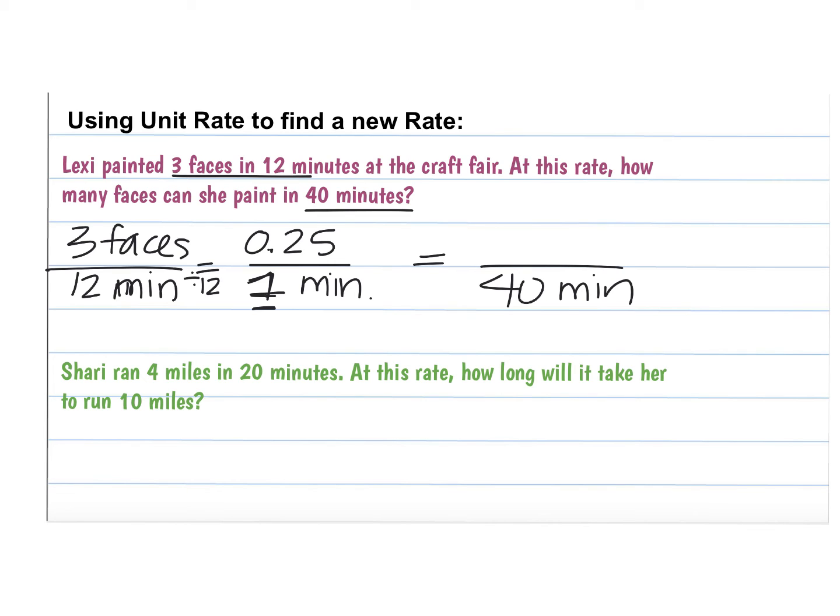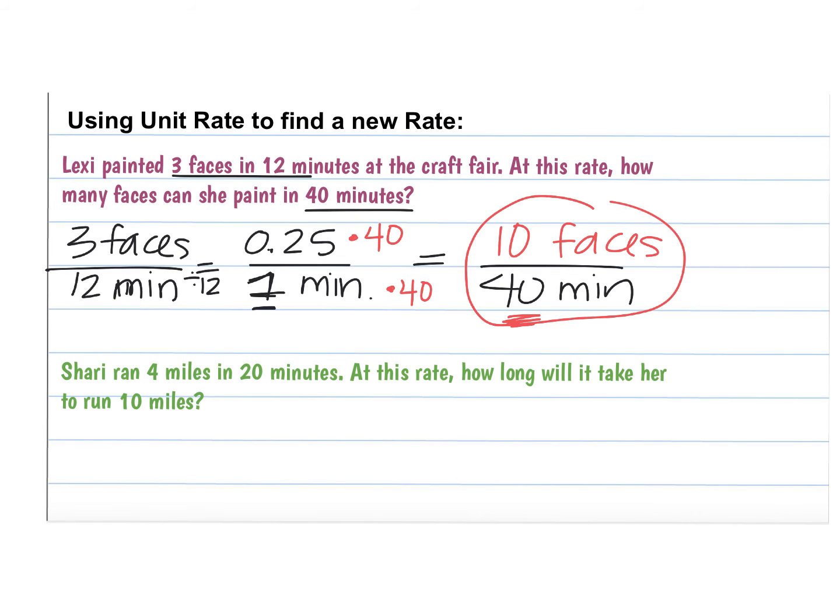So now to get from 1 minute to 40 minutes, I'm going to multiply that times 40 because 1 times 40 is going to give me 40. So then I'm going to do 25 hundredths times 40, and that's going to give me 10. So we know that then she can paint 10 faces in 40 minutes.